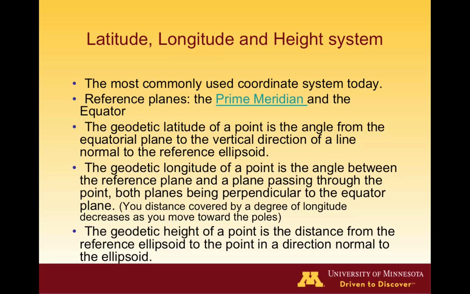Therefore, for every 1 degree, you cover a shorter distance as you approach the pole. And the geodetic height of a point is the distance from the reference ellipsoid to the point in a direction normal to the ellipsoid. So it's difficult to envision this.